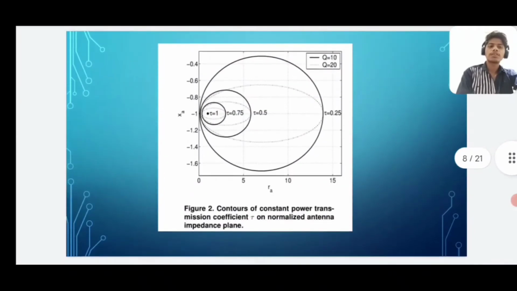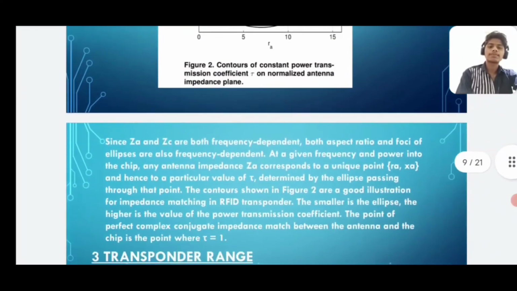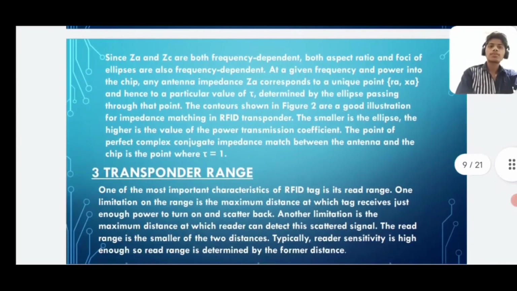This is the contour of constant power transmission coefficient T on the normalized antenna impedance plane. Since ZA and ZC are both frequency dependent, both the aspect ratio and foci of the ellipse are also frequency dependent.